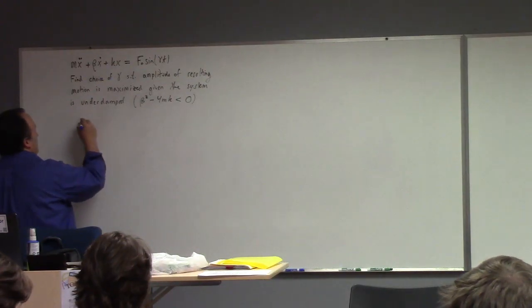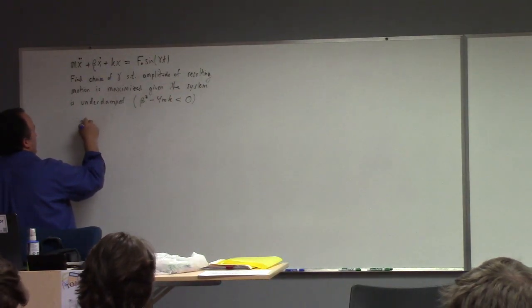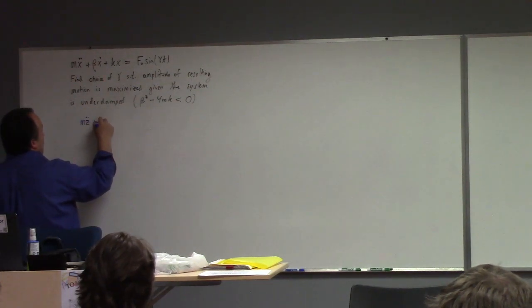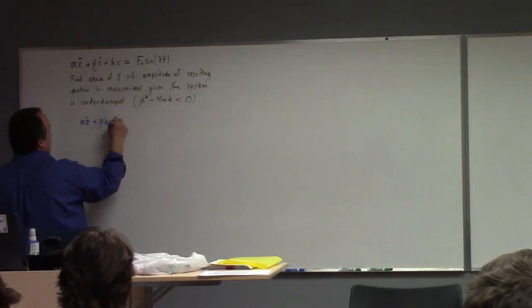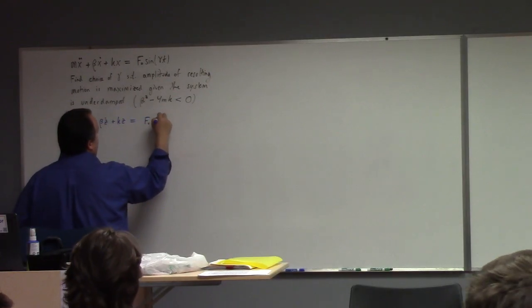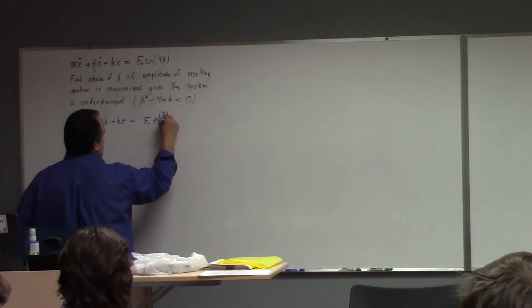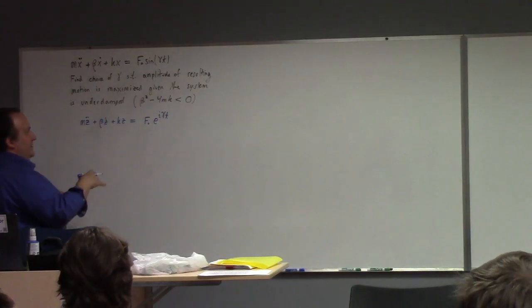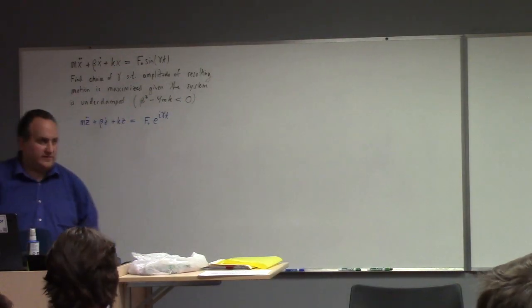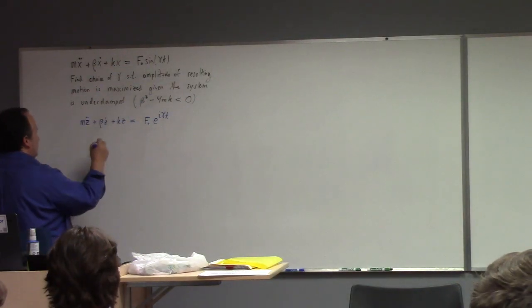I decided to use a complex approach and instead solve mz double dot plus beta z dot plus kz equals f naught e to the i gamma t, because I told you guys if we could do that, then we could extract from that the real solution.